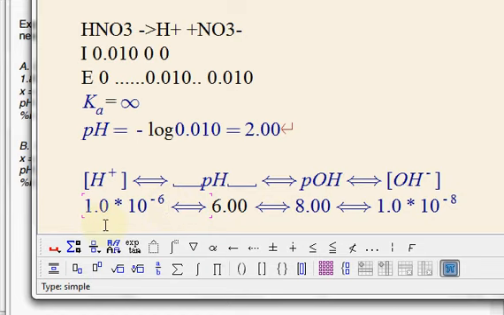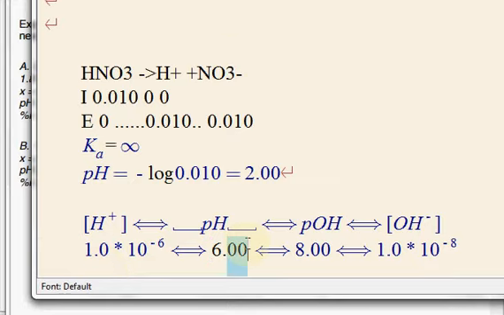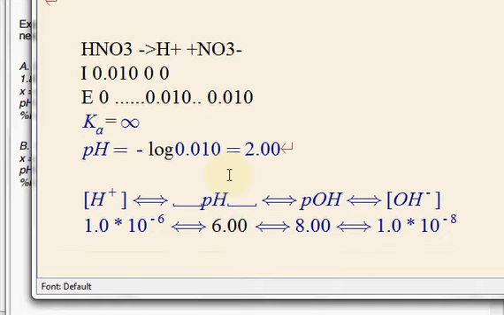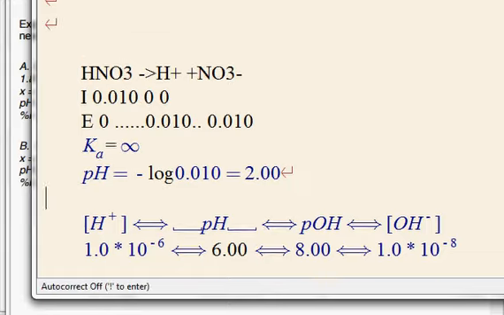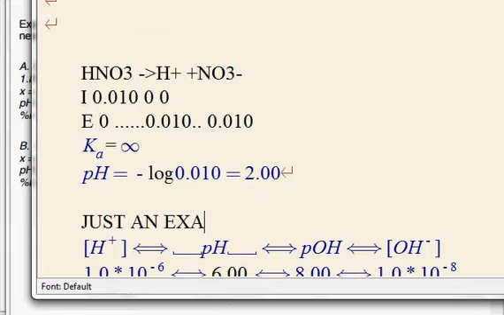So concentration, 2 sig figs. pH, 2 decimals. That's about it for that. So anyway, that was just an example. I'm going to label that as such.